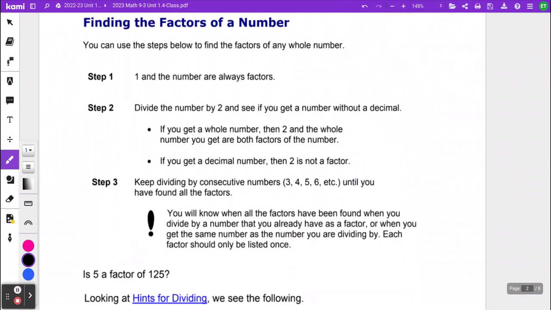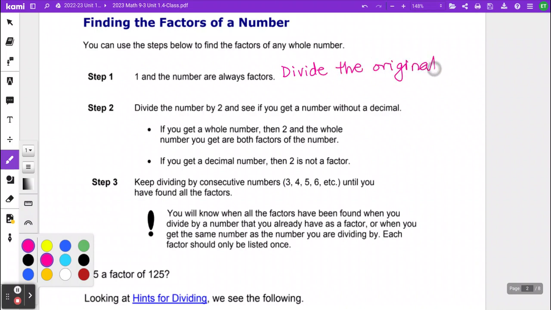Now, there's 3 steps to find factors. How do we find factors? This is the way we do it. Step 1, 1 and the number are always factors. So step 1 is, in our own words, divide the original or the starting number by 1.